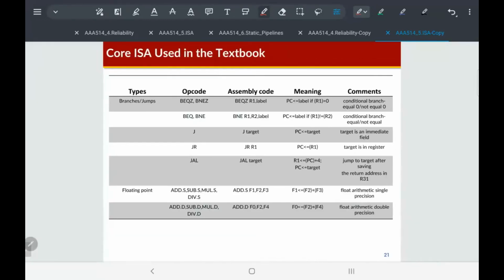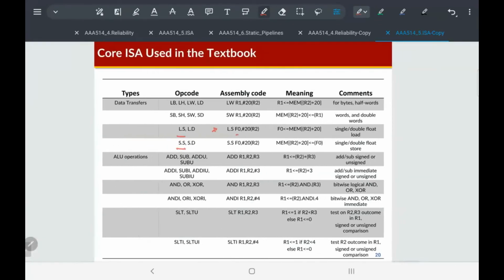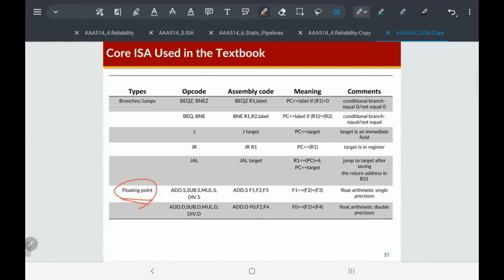Also we will use some floating point instructions such as add.s, which is an add for single precision floating point, and add.d, which is for double precision floating point. Other instructions are very similar to the RISC type MIPS instructions. So I will use these instruction sets for the next classes.